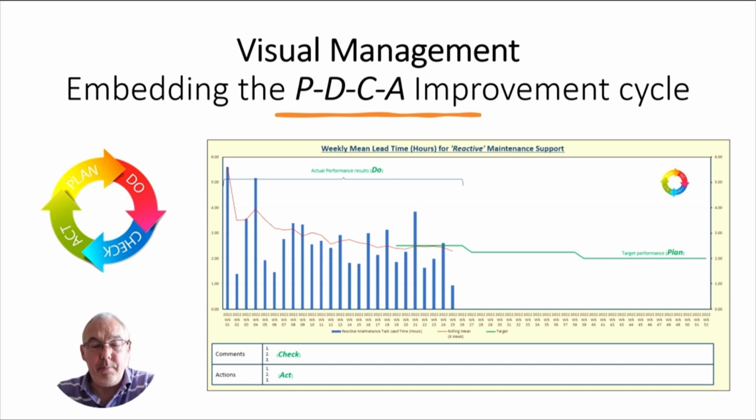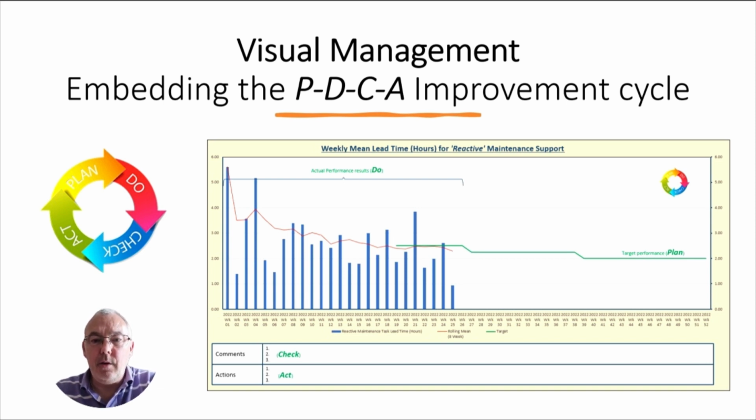One design tip, and this is one I first started using with a client in Formula One, is to actually embed the guidance of the plan, do, check, act, the PDCA improvement cycle within our visual performance management graphs. This is relatively easy to achieve if we adopt a couple of sensible enhancements to our graphs.